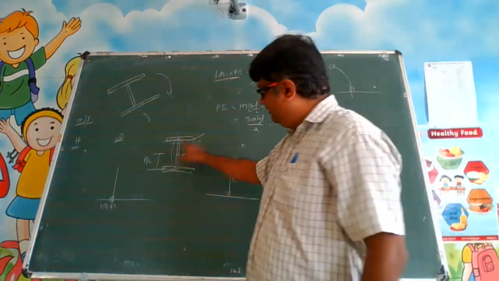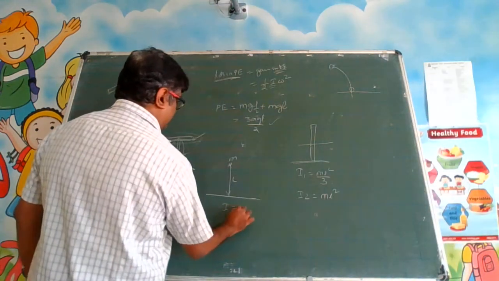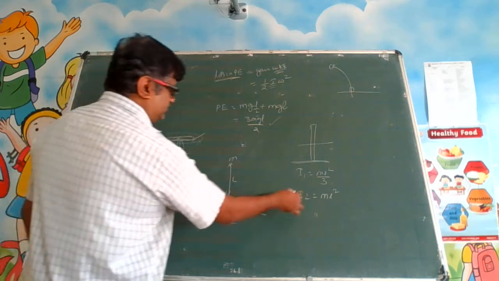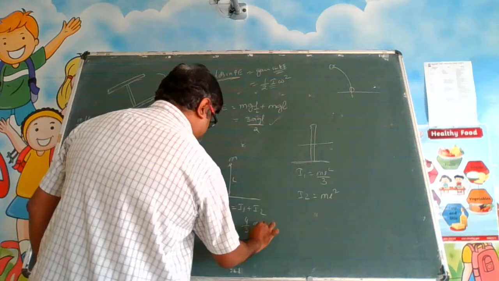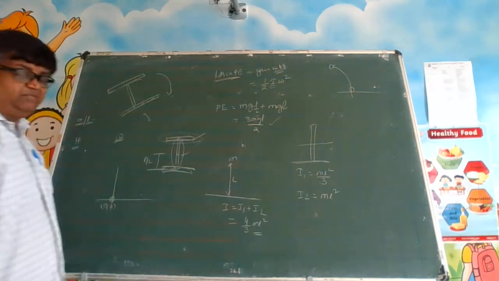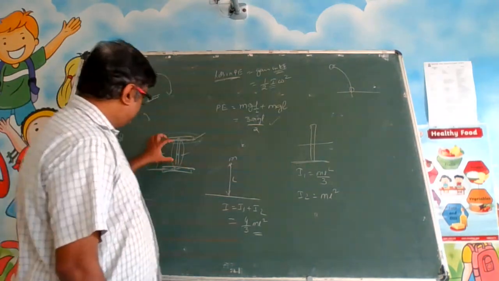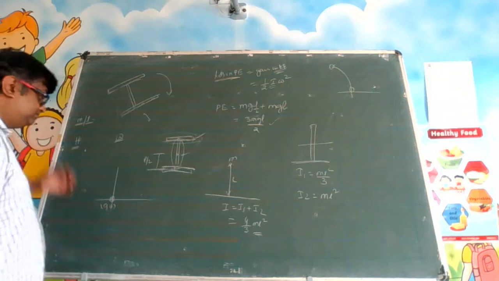This vertical portion and the horizontal portion. So what is the total I? Total I will be equal to I1 plus I2. So it is 1 by 3 plus 1. It is 4 by 3 ml square. Understood how I have done? In this example I have taken that only this vertical portion and the horizontal portion will be contributing.